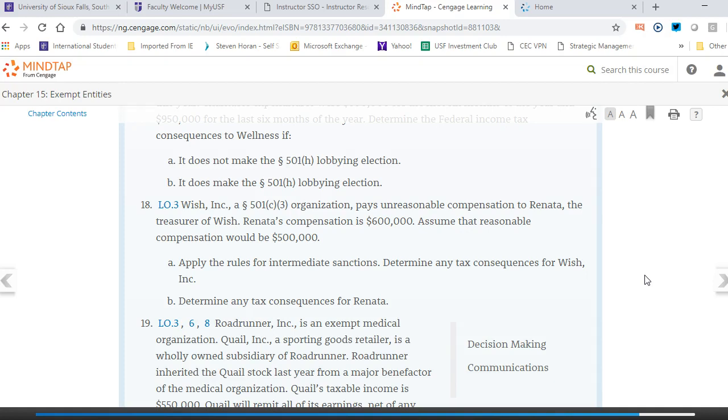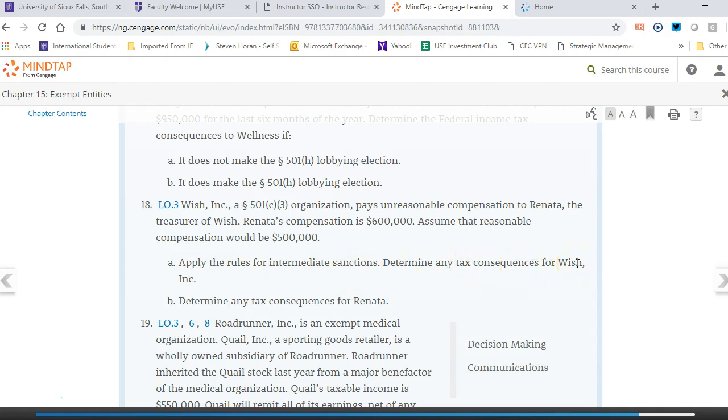Okay. So it's safe to say that they have $100,000 of unreasonable compensation, the difference between 600 and 500. Then we have to apply the intermediate sanction rules. Now for the organization itself, that would be 10%.